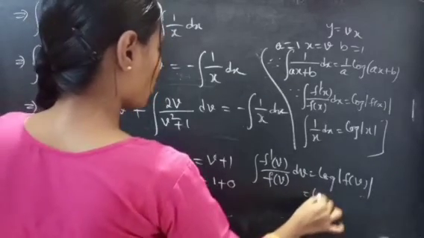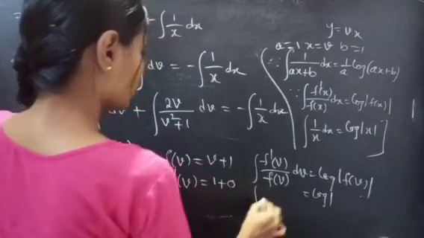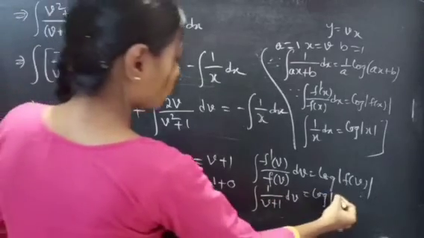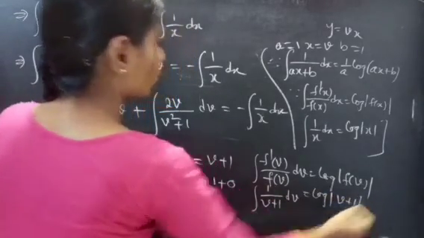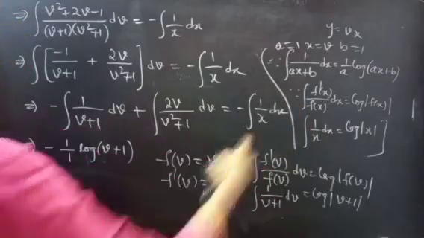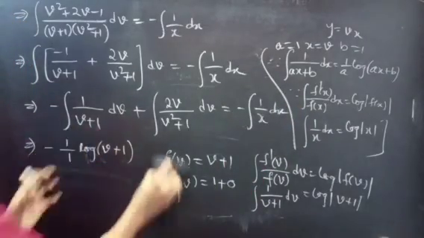That is, the integral of 1 by v plus 1 into dv equals log mod f of v, for f of v equals v plus 1. You can use either of these two formulas to evaluate the first integral.